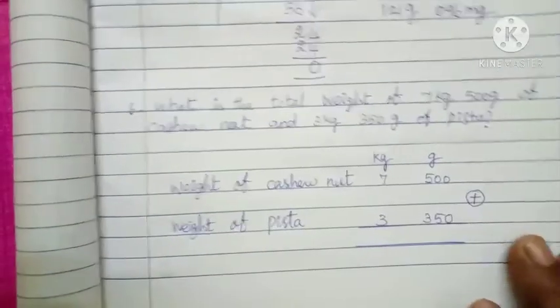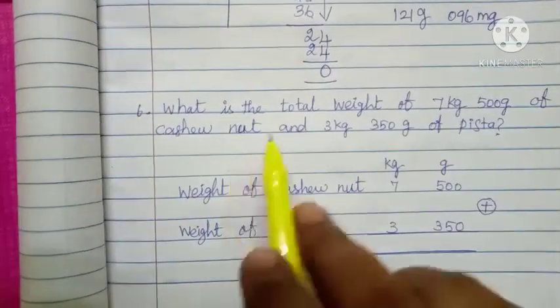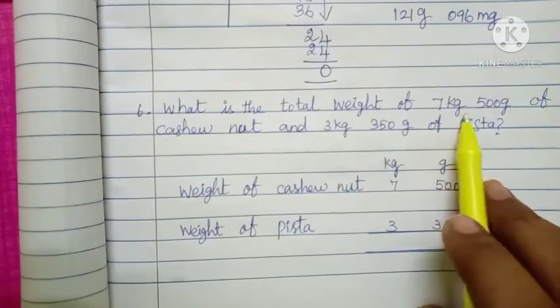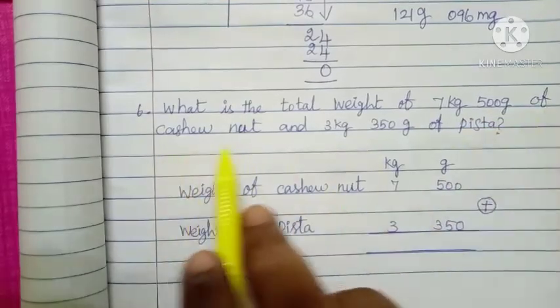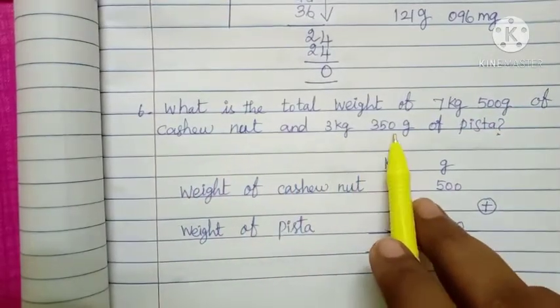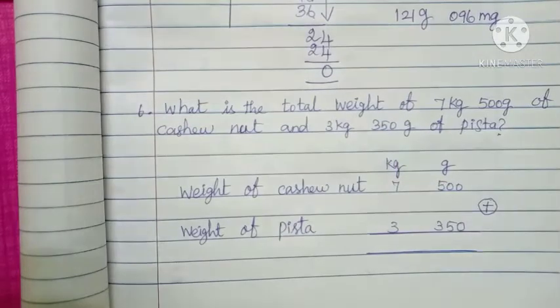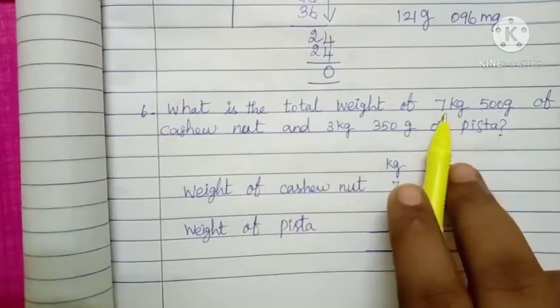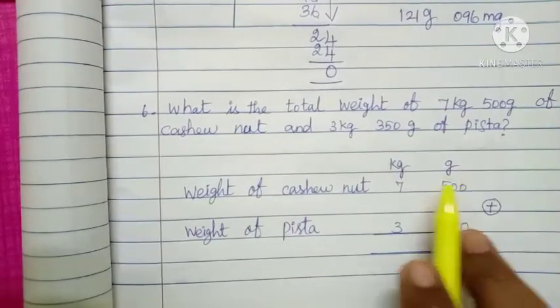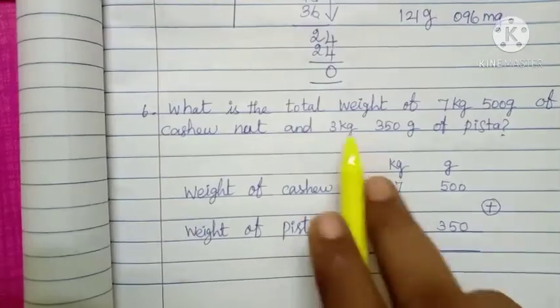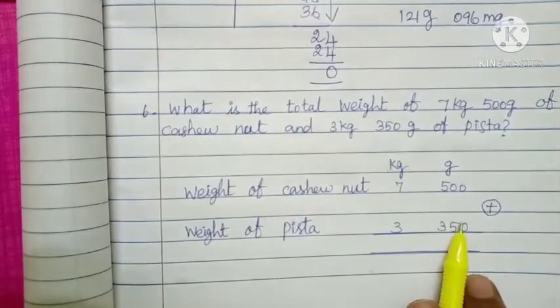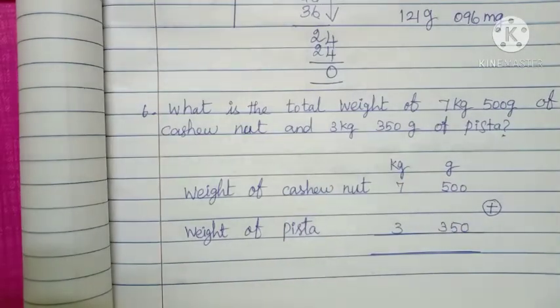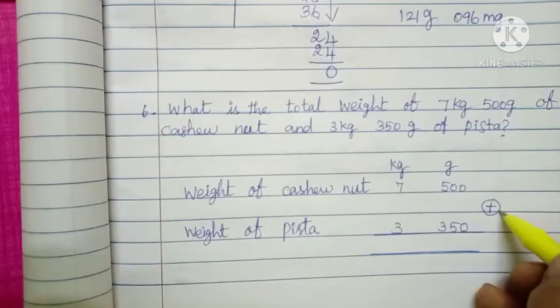The next one, word problem. What is the total weight of 7 kilogram and 500 gram of cashew nut and 3 kilogram and 350 gram of pista? So here given the nuts measurement. Weight of cashew nut is 7 kilogram and 500 grams. Then weight of pista is 3 kilogram and 350 grams. So it is easy to find the total weight. Normally you know addition.